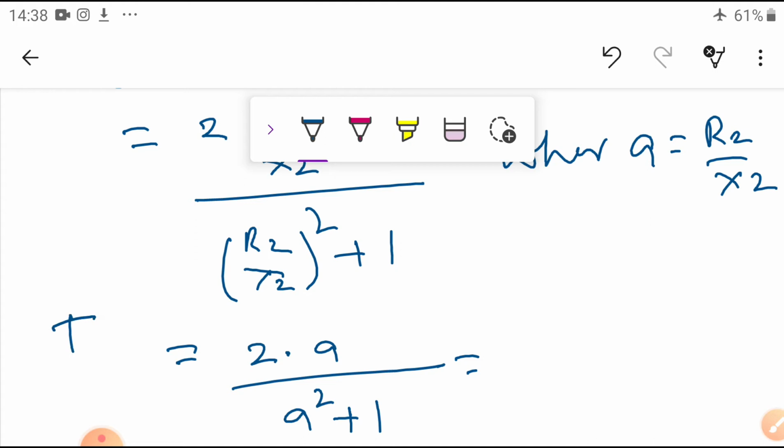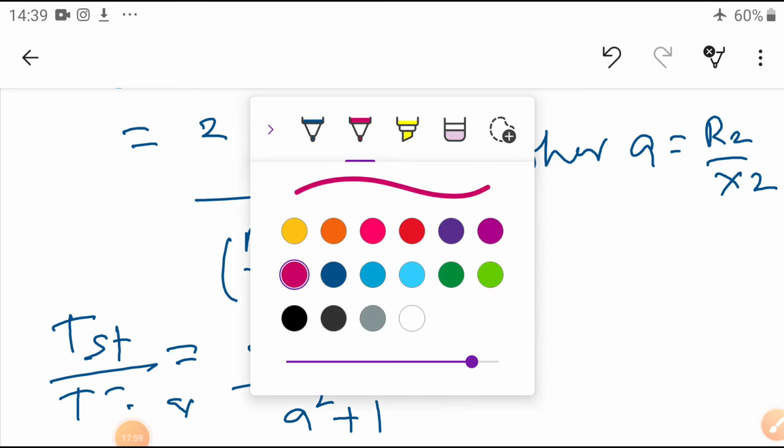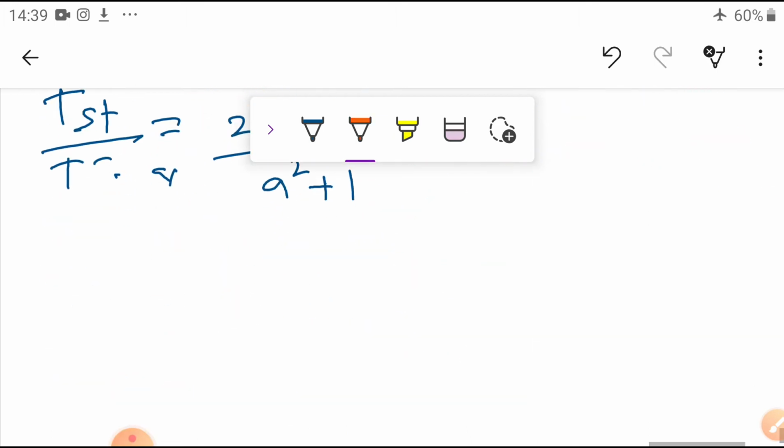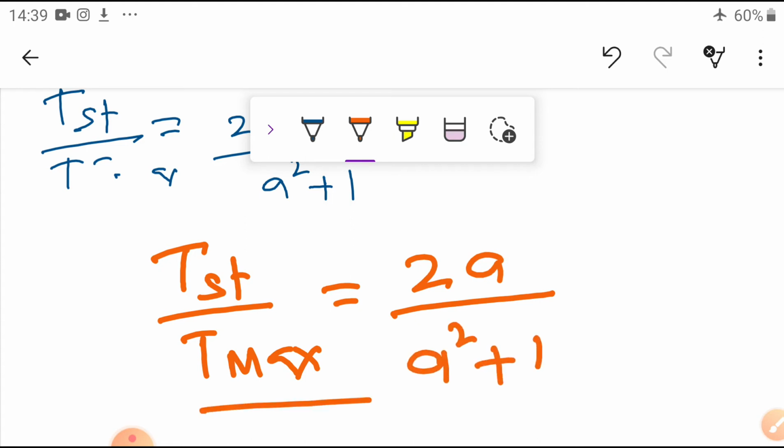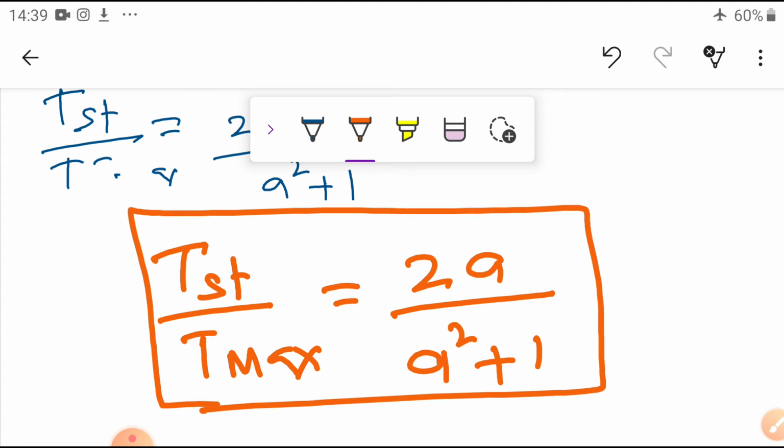The T starting by T max, finally we are going to get, is equal to 2a by a square plus 1. So this is the formula we derived.